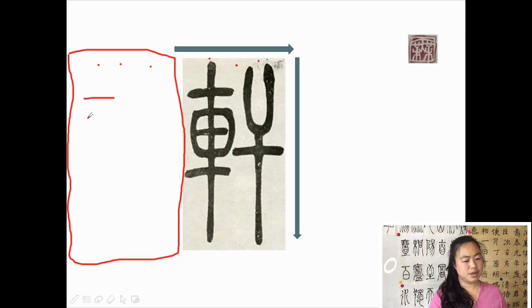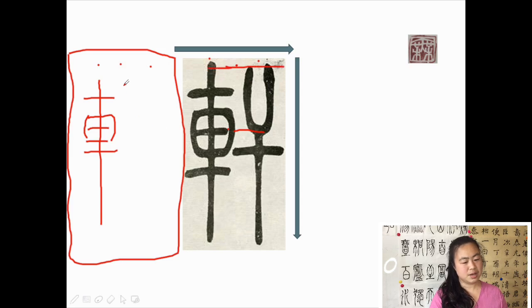From the top to the bottom, from left to right. Okay, now, a little bit space here, and then here, and then from the middle to the bottom. Okay, now this one is from here to here.